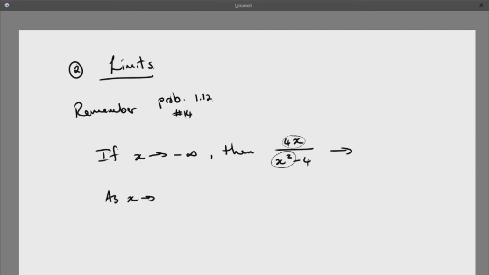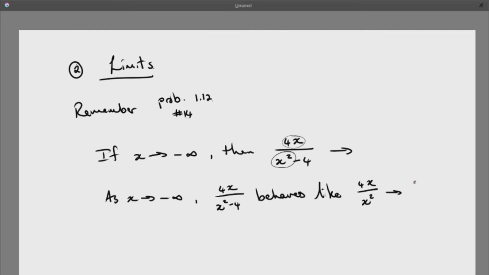As x behaves like this, getting large in size but negative, 4x over x squared minus 4 behaves like 4x over x squared, because each polynomial behaves like its leading term eventually.